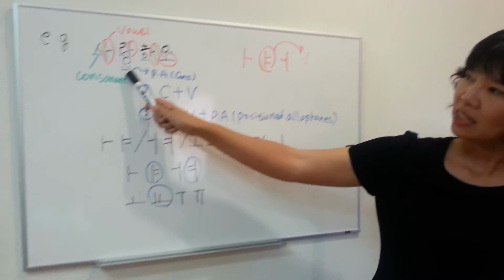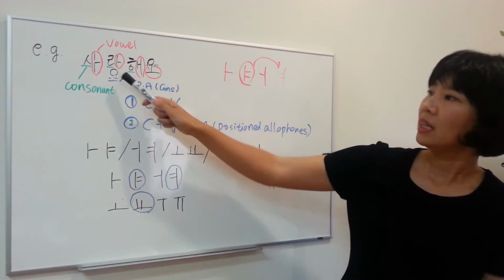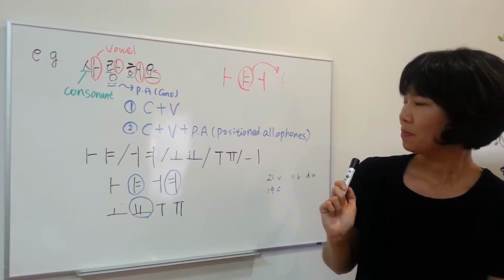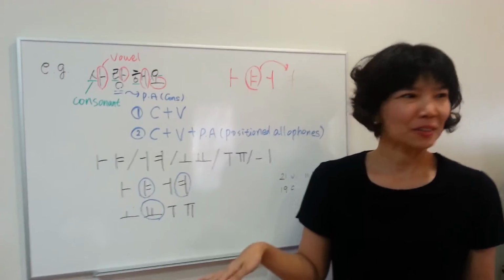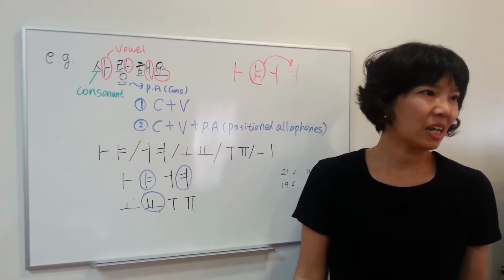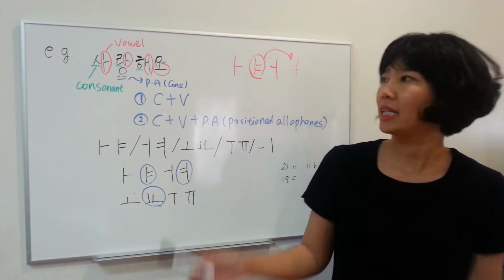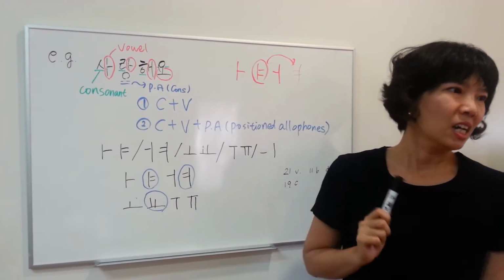So, the second syllable is consonant, vowel, and this 이응 is the positioned placeholder. So, can you understand why the Korean writing system is a little bit systematic? Because it's quite easy to understand because of CV, CV, CV in each word.